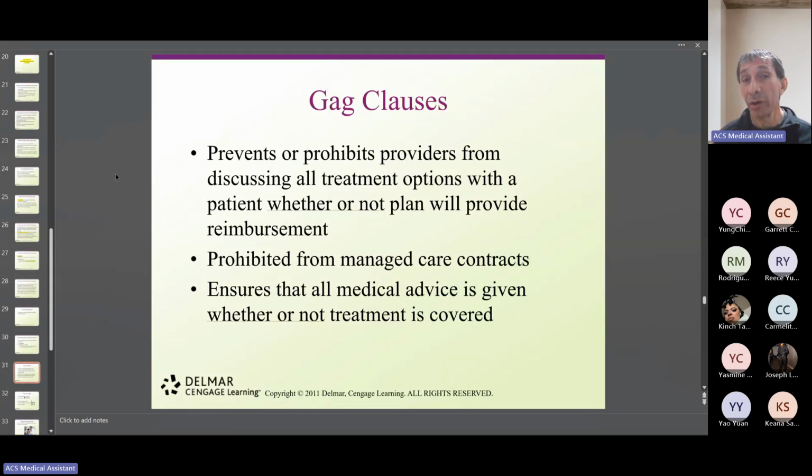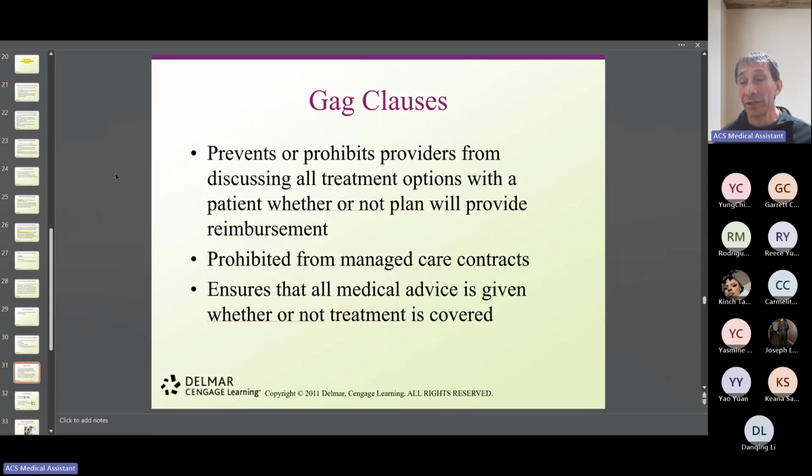But in insurance, these gag clauses mean that your provider cannot by any means explain to the patient, oh, I'm going to be getting paid this much if I do this treatment. We don't discuss that with the patients. We discuss the procedure with the patients.